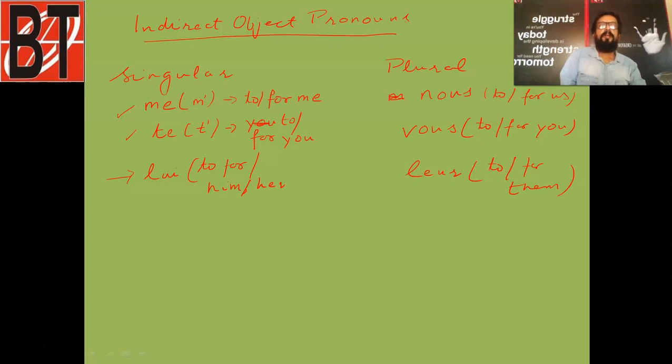In the same way, nous and vous. Nous, vous, for us, for you, to us and to you. So this nous and vous will remain the same the way it was in direct object pronouns, and in the plural third person it is leur, to or for them.